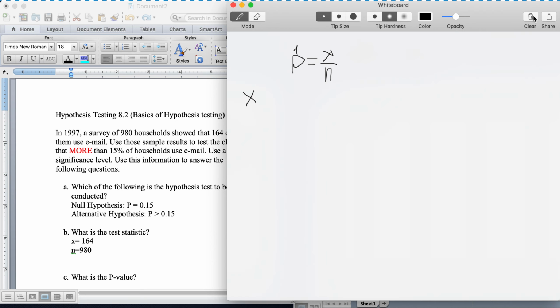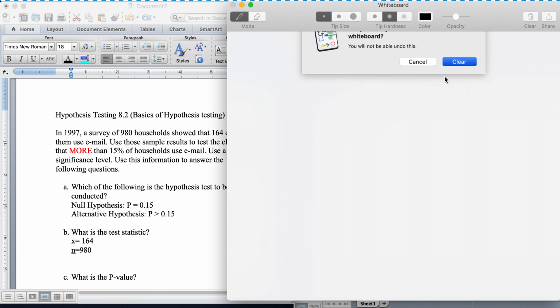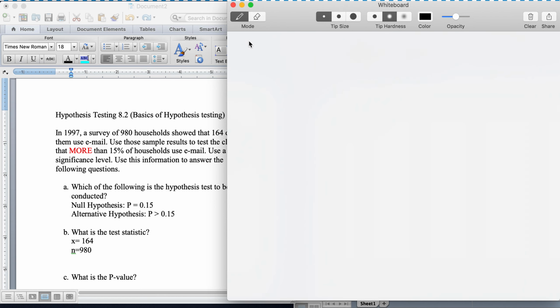So let me just clear this off really quick. Okay, and so to be able to do that, we're going to go 164 divided by 980. I do have a calculator right next to me, so I'm just going to plug that into my calculator really quick.